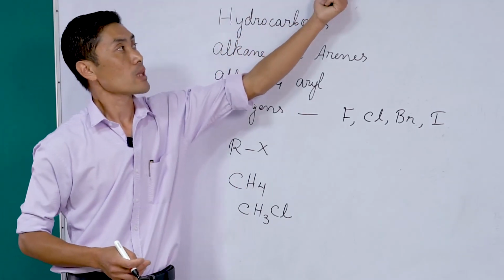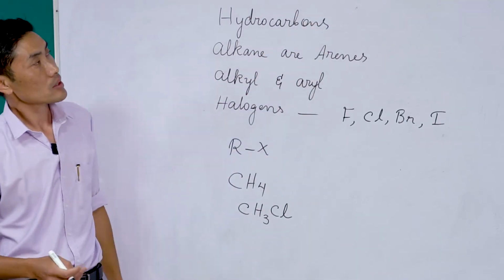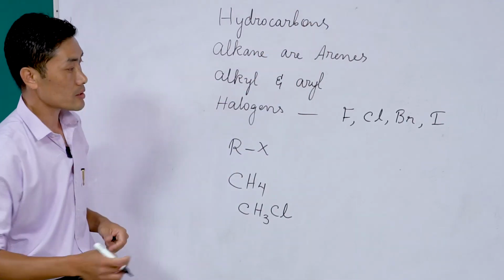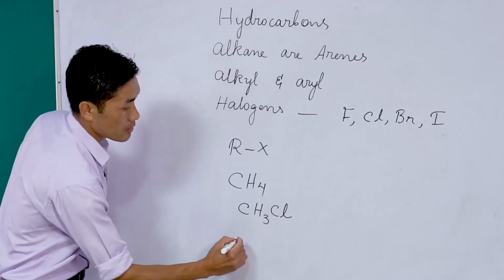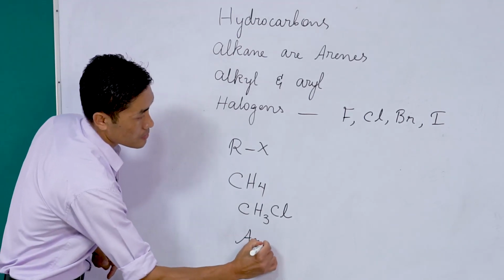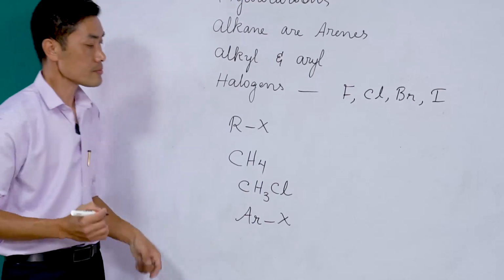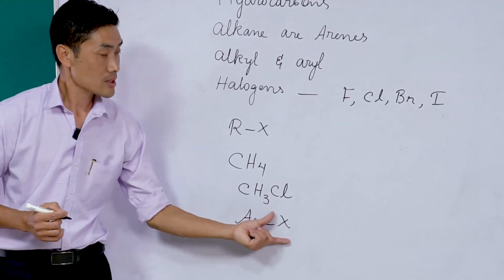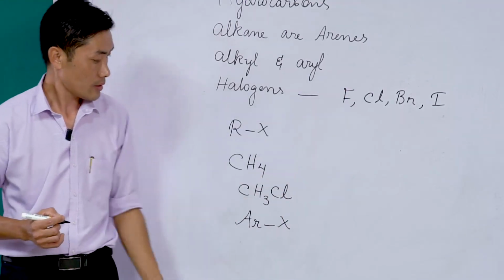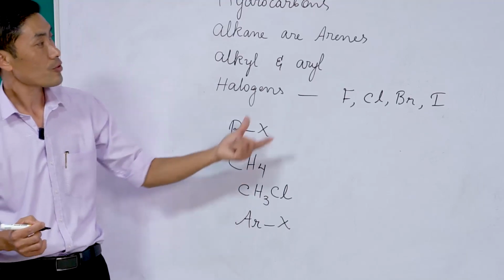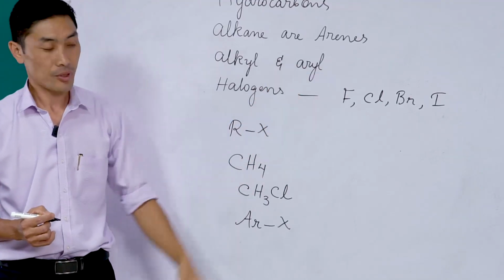Then we have the haloarenes. Haloarenes are the compounds that are represented by the general formula ArX. Once again, X stands for a halogen and Ar stands for an aryl group.